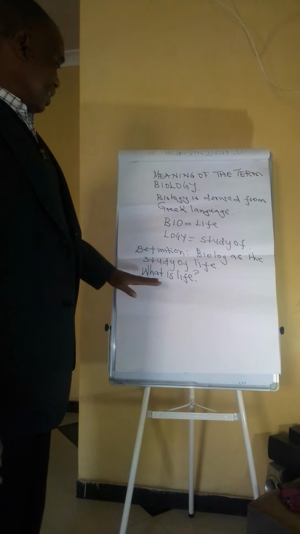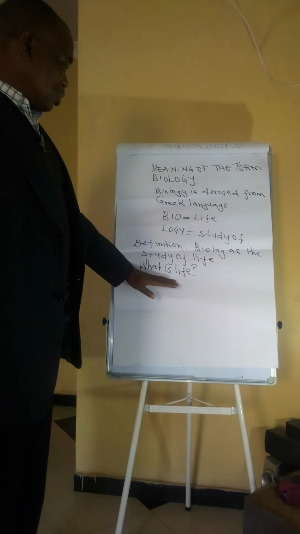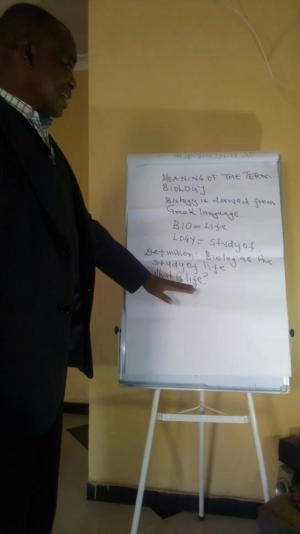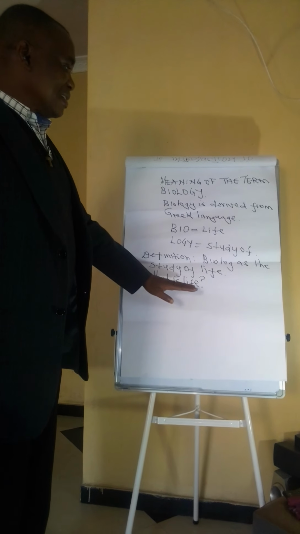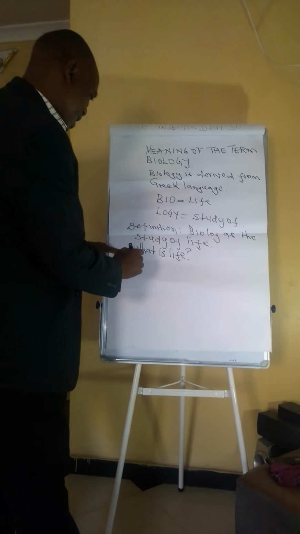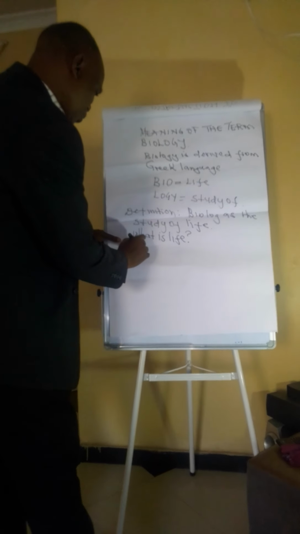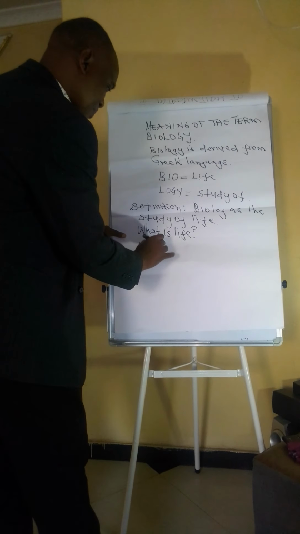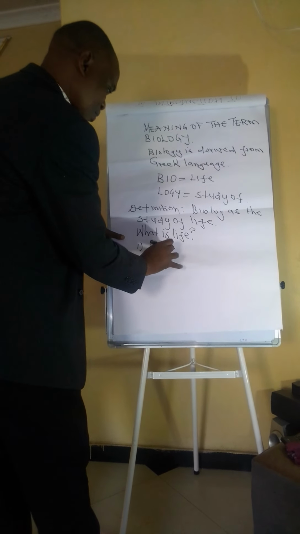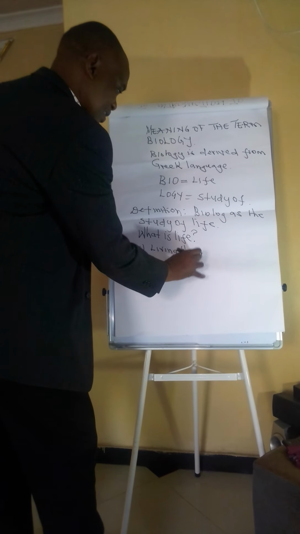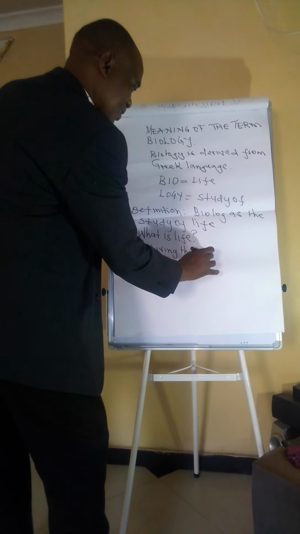When we talk about life, we are going to look at life in terms of what characteristics living things have. So we have the first one. Living things reproduce.